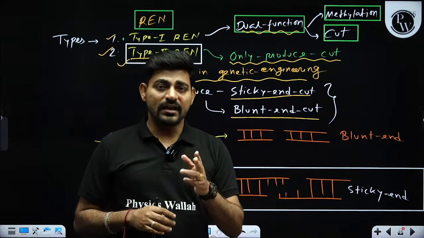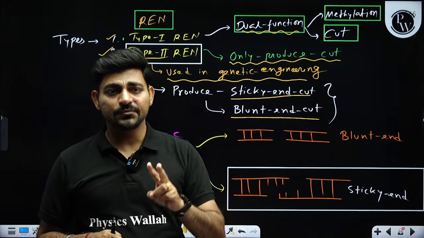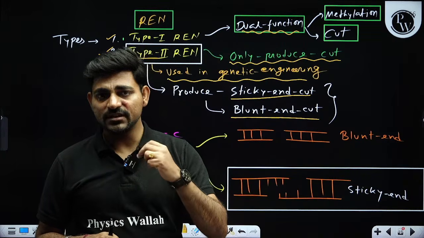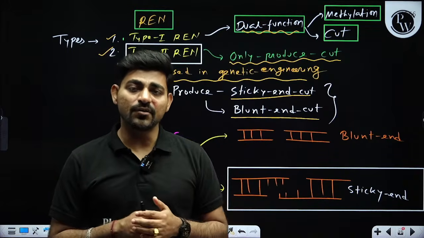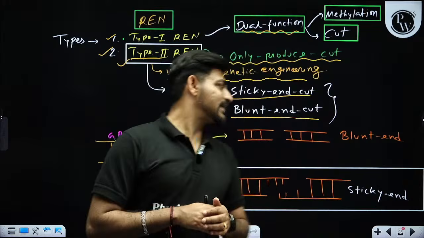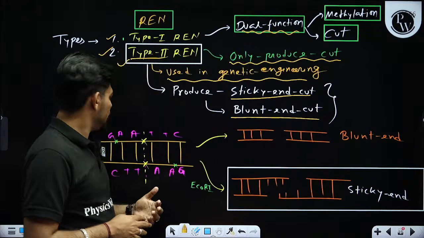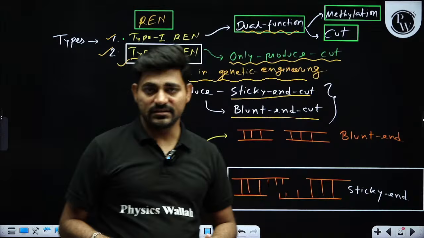As of now we have talked about two restriction enzymes, EcoR1 and HindII. Now this EcoR1 produces a sticky end cut and HindII produces a blunt end cut.